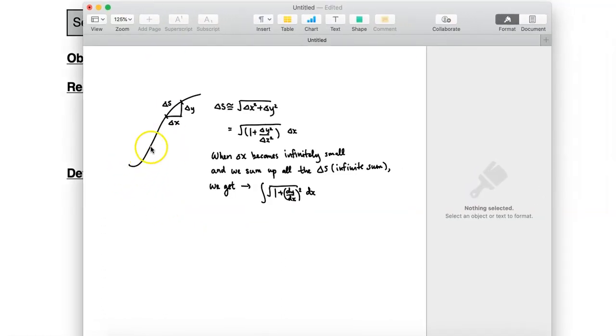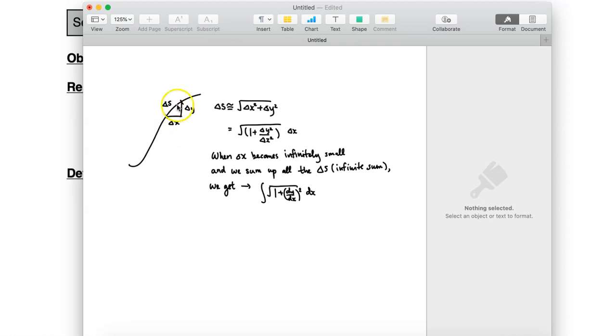If you have a function of one variable, so you have a curve in the plane, and you're trying to find the length of this curve from a certain point A to a certain point B, then you want to add all these tiny segments, delta S, as they get smaller and smaller, as the length of delta S approaches 0.